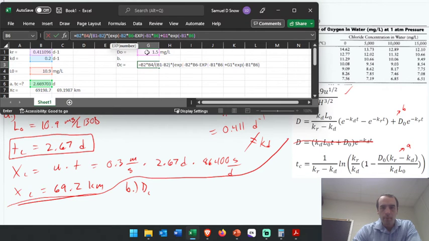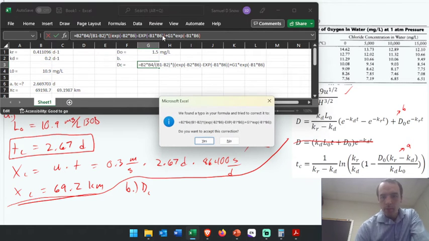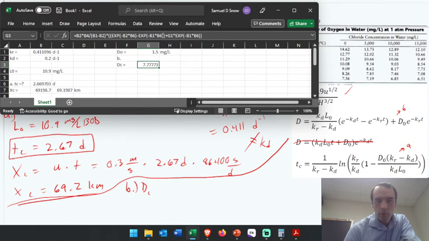Okay. I need a bracket there. Bracket there. Okay, I think I missed a parenthesis, so I'm going to assume.